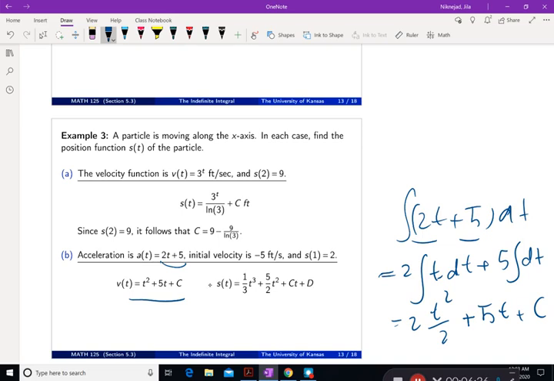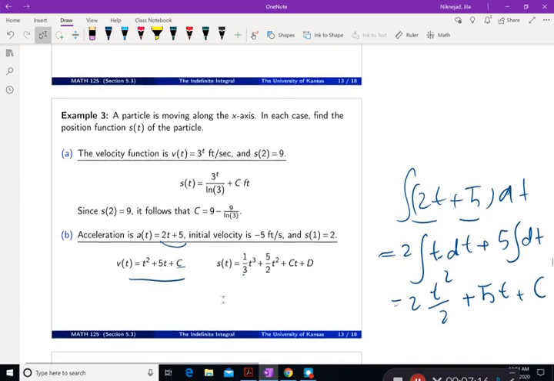So how does that work? The antiderivative of t squared is t to the power 3 divided by 3. It's t to the power 1 more, divided by the new power. And the antiderivative of 5t becomes 5t to the power 1 more, divided by 2. Same thing for c. c is the constant coefficient. It becomes ct plus another constant that was lost during the derivative has to come back.